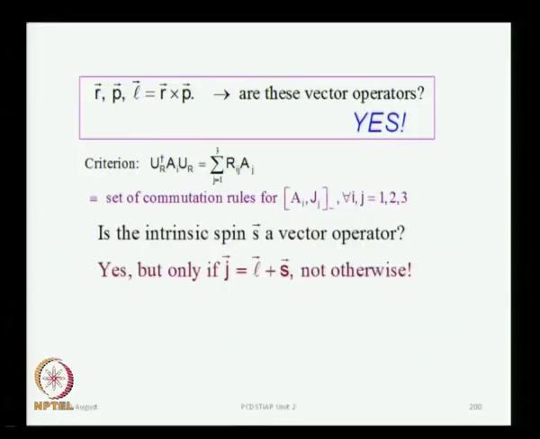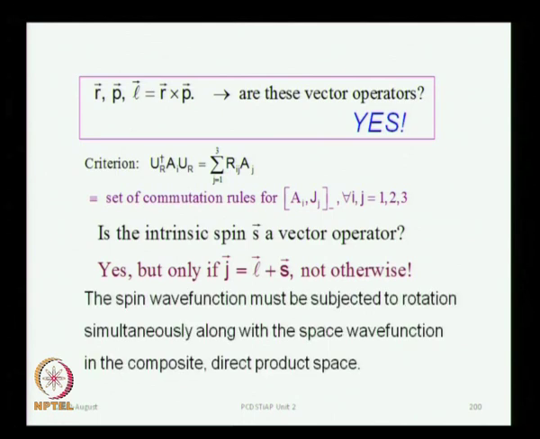And the two angular momenta in this case, one is the orbital angular momentum L, the other is the spin angular momentum S. So, the spin wave function must be subjected to rotation simultaneously along with the space wave function. You cannot do just one and not the other.